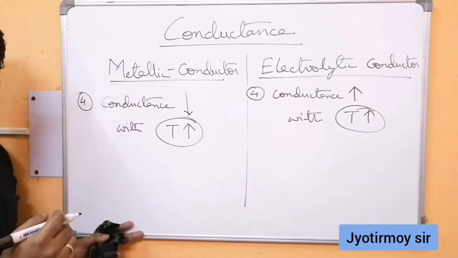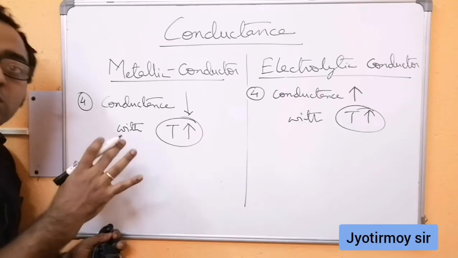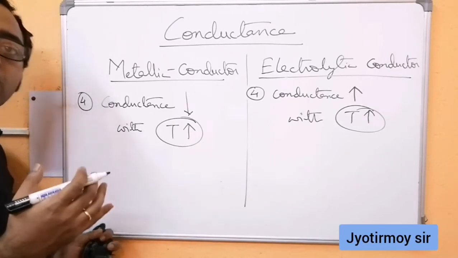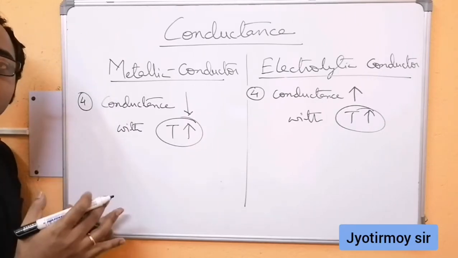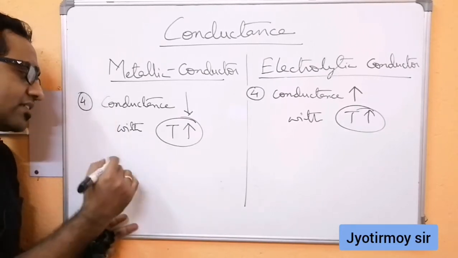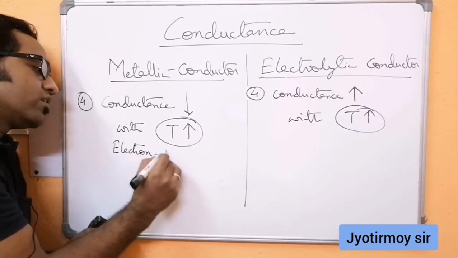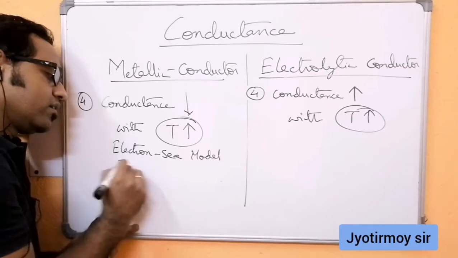Now why does this happen? To know this, you need to know metallic bonding. Many of you know that there are many models of metallic bonding. Here we will discuss only one model, that is the electron sea model.